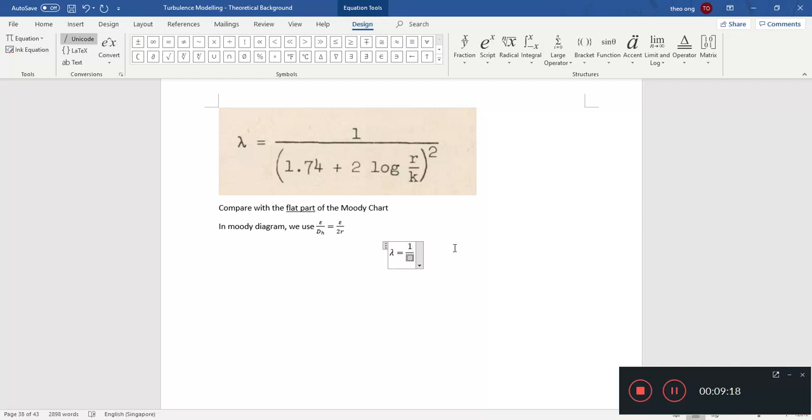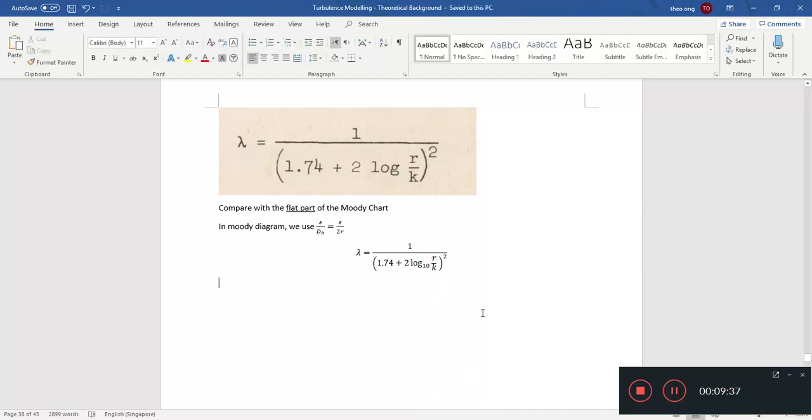To the power of 2. I'm going to type in 1.74 plus 2 log base 10 of R by K. Okay, so I want this R by K in terms of relative roughness, epsilon over D, right?